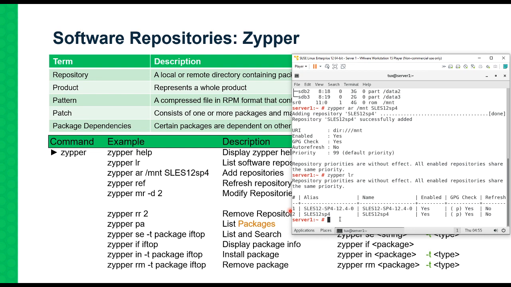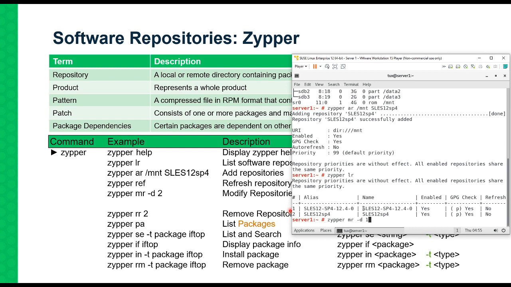So let's go and disable the old repository. In my case, this is number 1. So we go zypper, modify repo, and we'll do a -d to disable it. And I will now disable repository number 1. You see here, number 1.